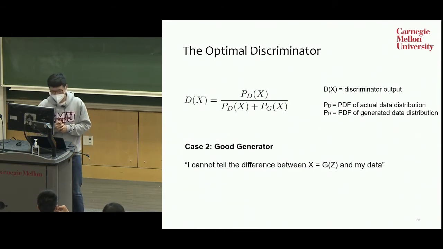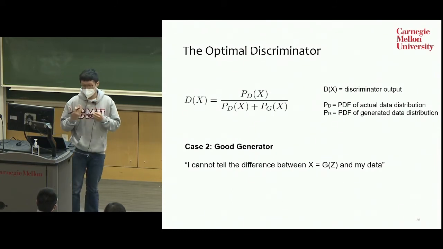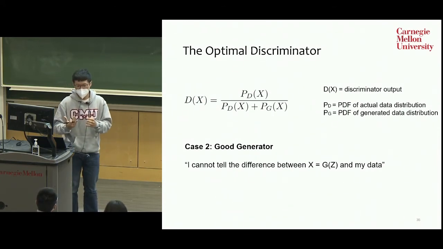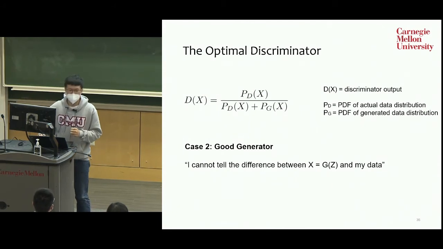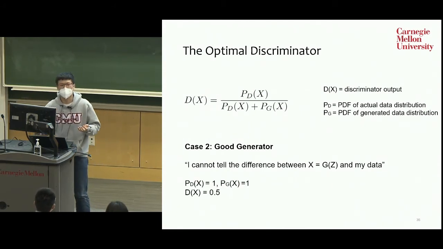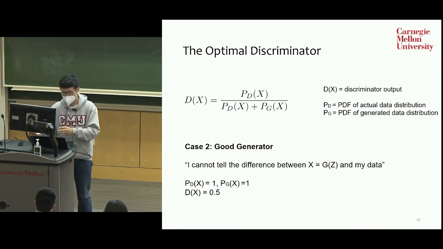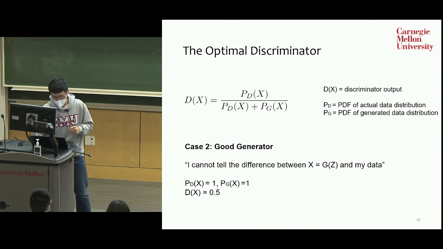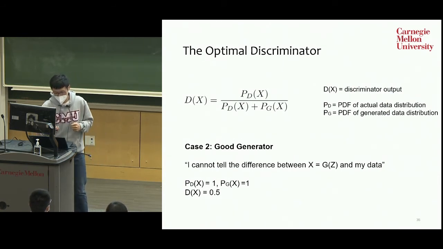In the second case, the generator is good. That means I cannot tell the difference between the generated distribution and the training data distribution. So in this case, both p_d and p_g become 1. Essentially, there's no way you can tell whether the x comes from the actual distribution or the generated distribution. This is just an extreme case. I wrote PDF there, but obviously a PDF won't really be 1.